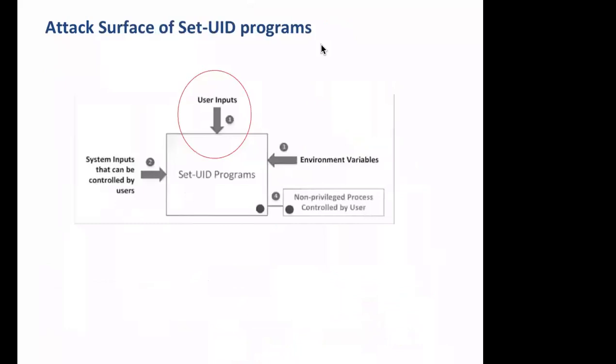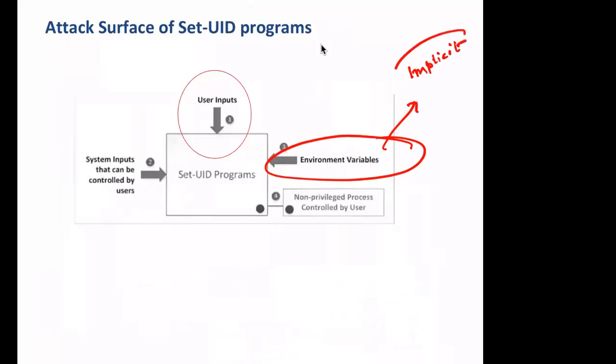All right, so let's move ahead. We have seen that environment variables are implicit if you're not setting them. You have the option of setting the environment, but if you're not setting it, they are implicit, and you have to be careful about it, because through these environment variables an attack can happen.